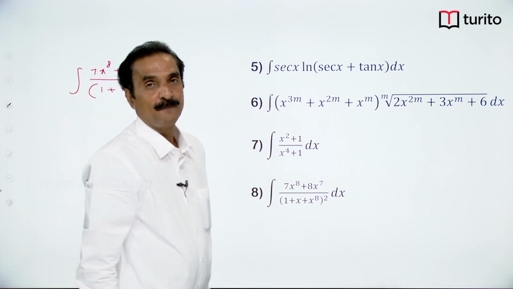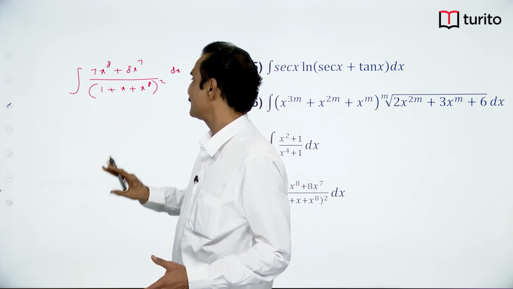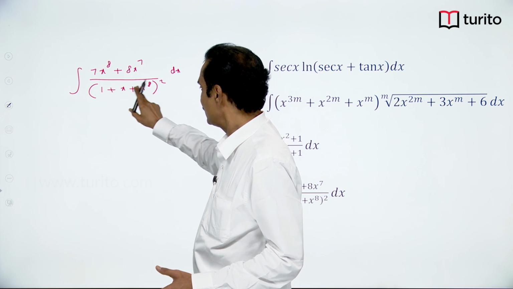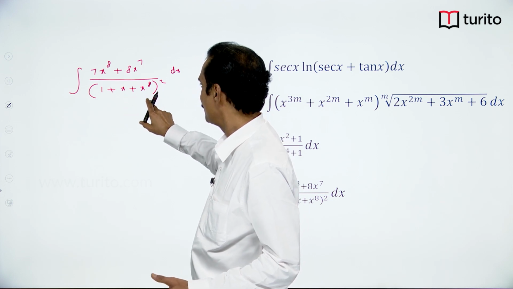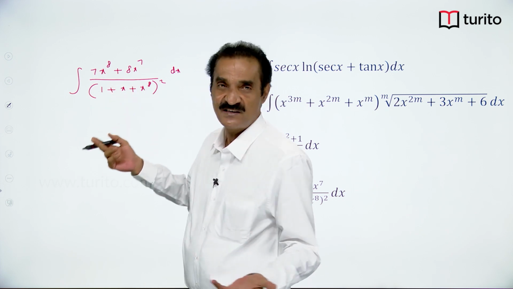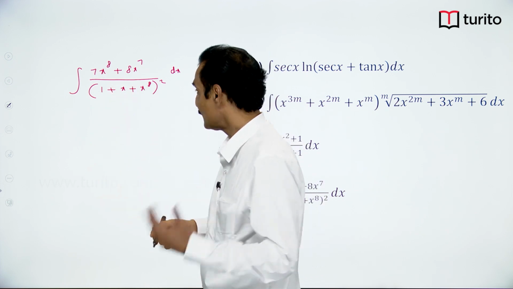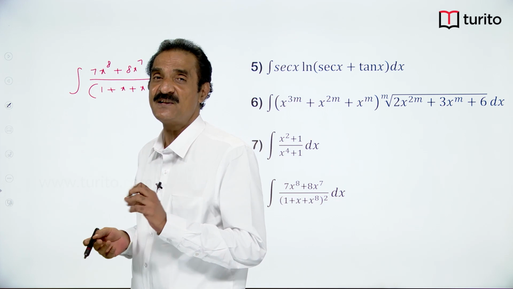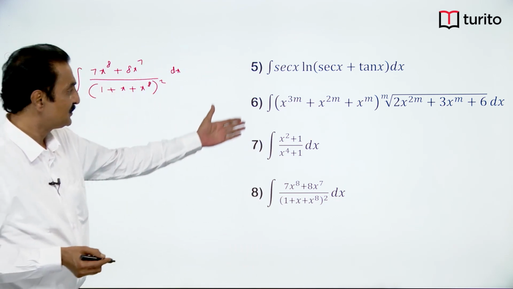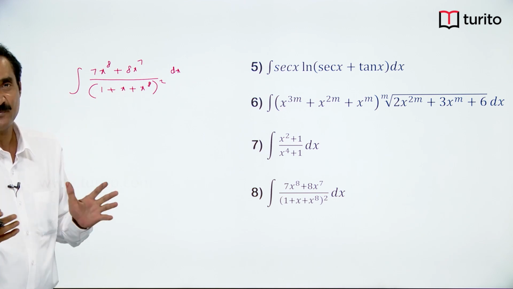Here also you will not be able to identify the substitution directly. Usually we try to substitute this as t, but its derivative is 1 plus 8x power 7, but 1 plus 8x power 7 is not there. So we need to modify slightly, just like the previous two questions, just rearrangement.